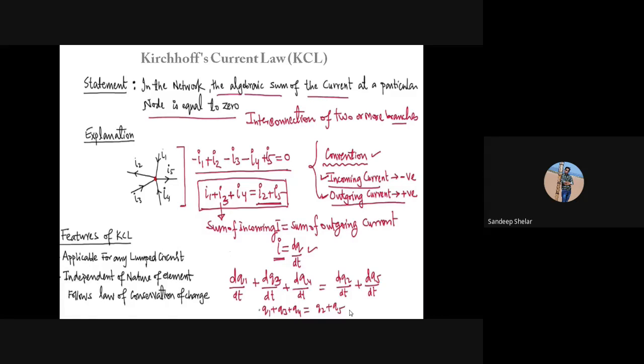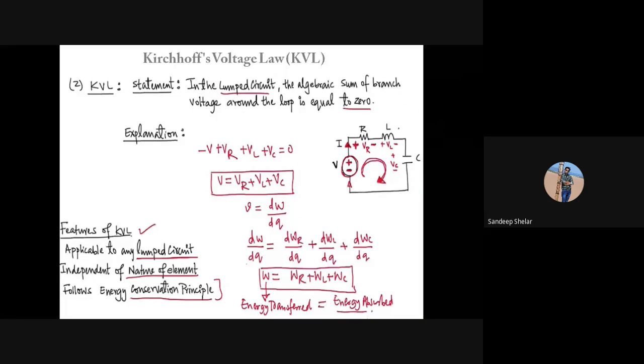Now the next point is Kirchhoff voltage law. Kirchhoff voltage law is applicable for lumped circuits. The statement of the Kirchhoff voltage law is that the algebraic sum of the voltages around any loop, or around a closed loop, is equal to 0.